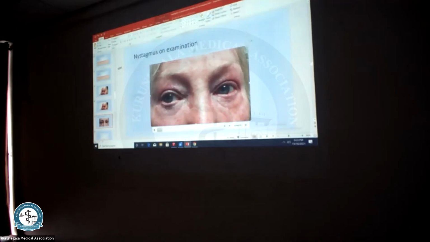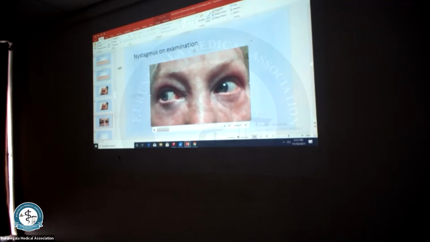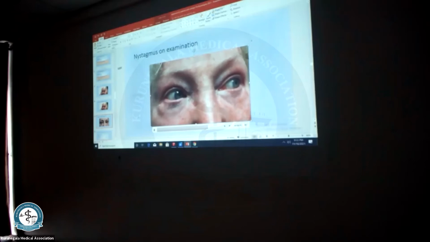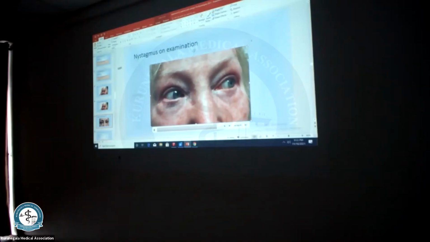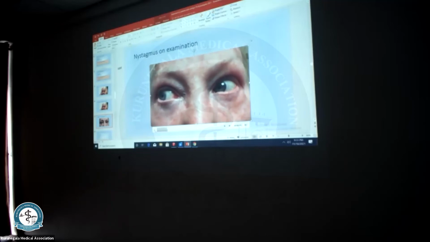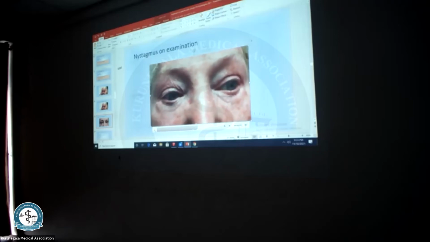This is the same patient, an examination of nystagmus. If you see, there's a beating towards the right side, and when you look to the opposite side, it goes to the other side.